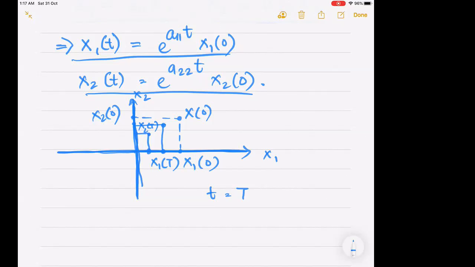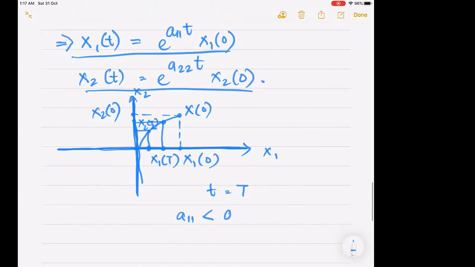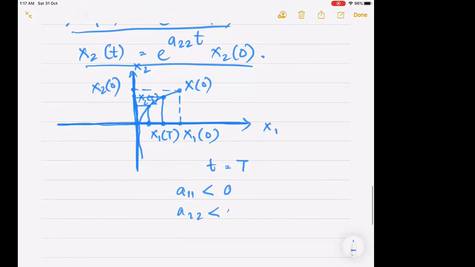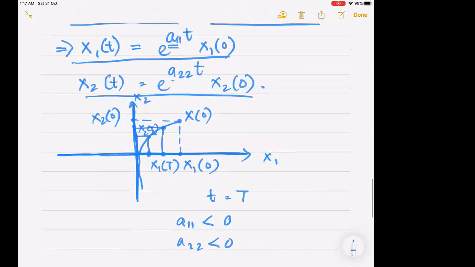And you can check that the solution would be something like this. This is, of course, with the understanding that a11 is less than 0 and a22 also is less than 0, so that x1 is decreasing exponentially and x2 is also decreasing exponentially. And this is the solution set.